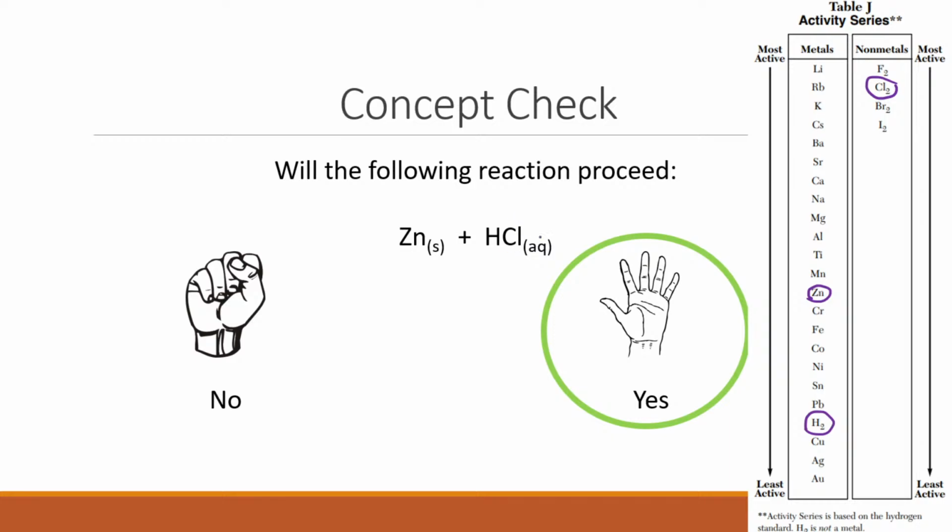So the chlorine is not the thing that is being replaced here. They need to be in the same column. They need to be comparable for us to try to replace them. So we have to be looking at things in the same column. They both have to be on the metal side, or they both have to be on the nonmetal side for it to work.